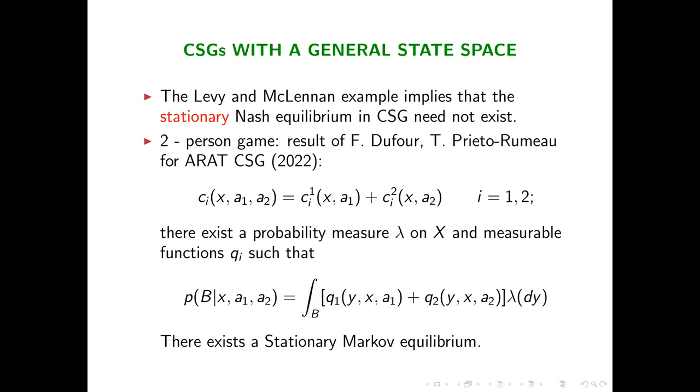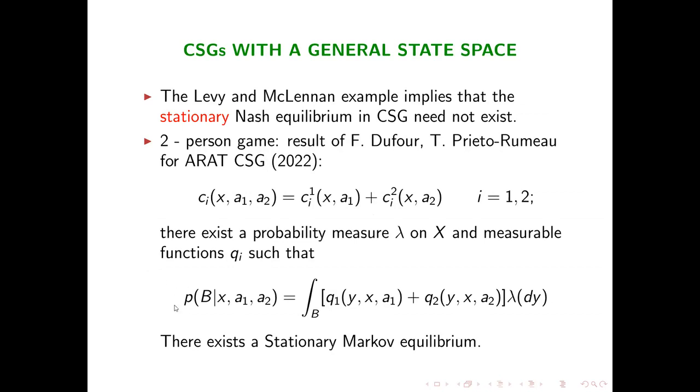What is ARAT? ARAT means additive reward and additive transitions, which means the following: the cost and objective functions for the constraints and objective functions for each player are as follows. And again, this is a two-person game. It's as follows: C_i(x, a1, a2) has such an additive structure.